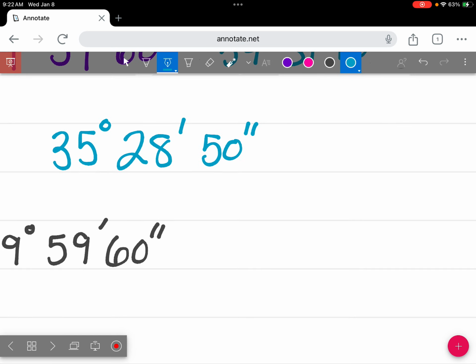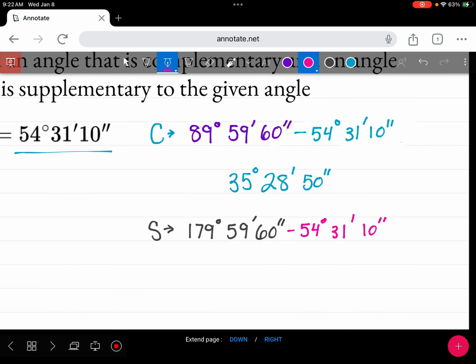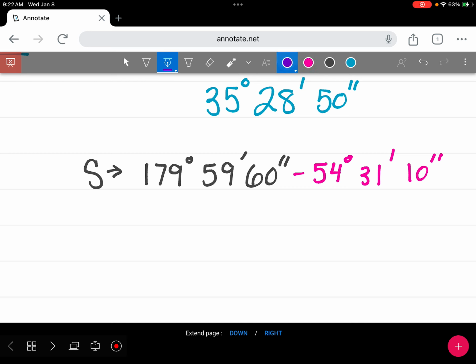But when we take away that given angle, minus our 54 degrees, 31 minutes, and 10 seconds, what do we get as our supplementary angle here? 125 degrees. Gorgeousness. 9 and 50 seconds. Okay?